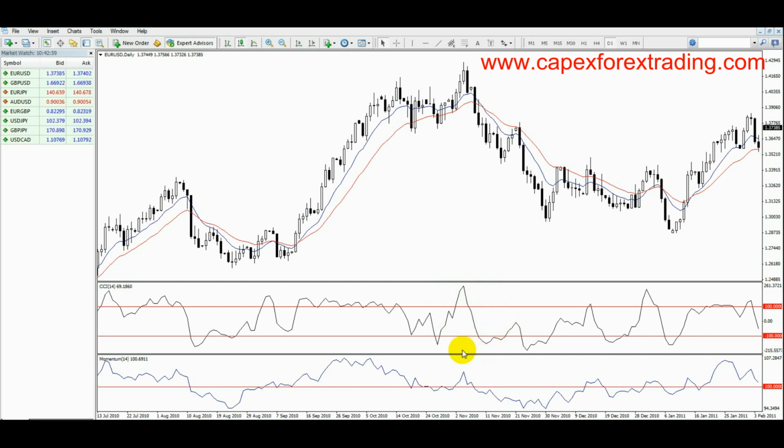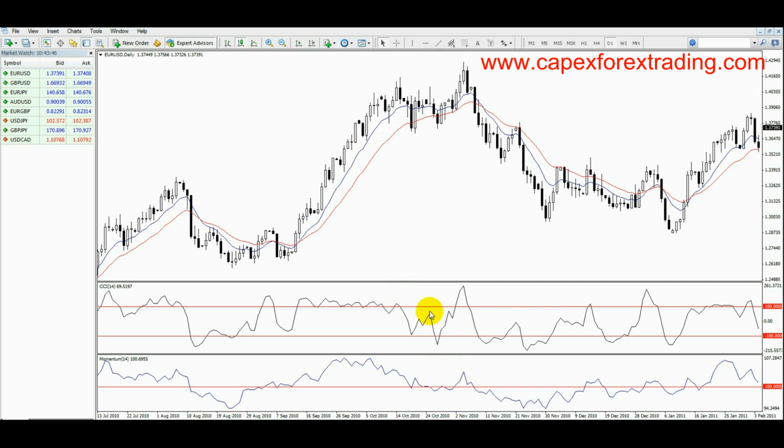The reason is that when we have a reading either above 100 or below minus 100, we say that prices are away from their normal price range. For example, when we have a reading above 100, we say that prices are in a strong uptrend. When we have a reading below minus 100, we say that prices are in a strong downtrend.